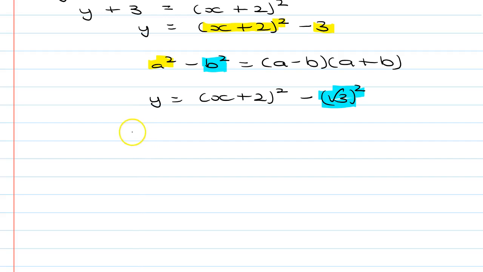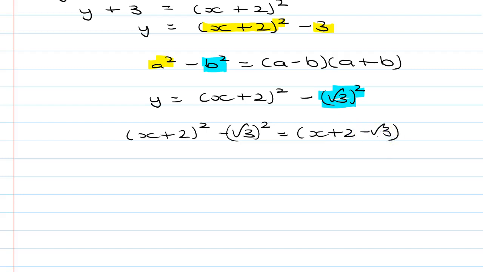That becomes x plus 2 squared minus root 3 all squared equals x plus 2 minus root 3, I'm going to have to move this along a bit, multiplied by x plus 2 plus root 3.